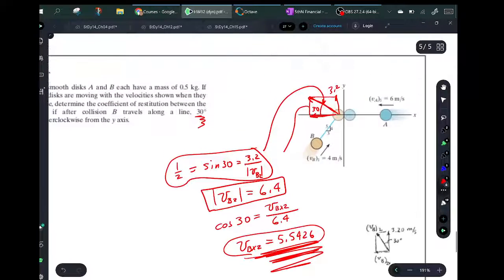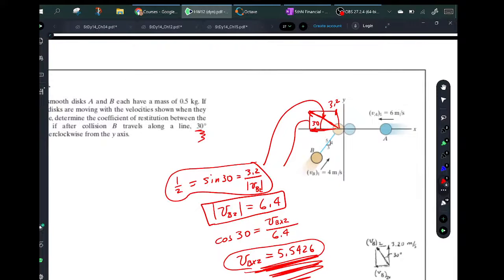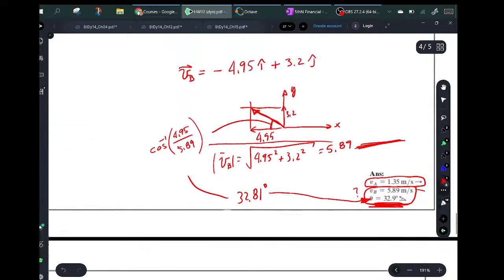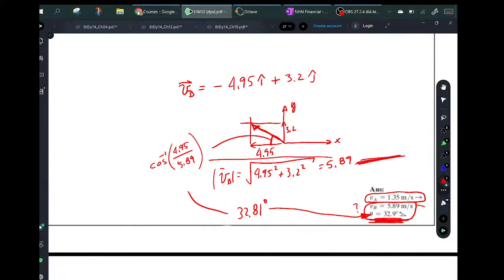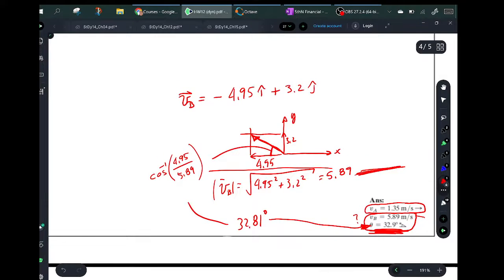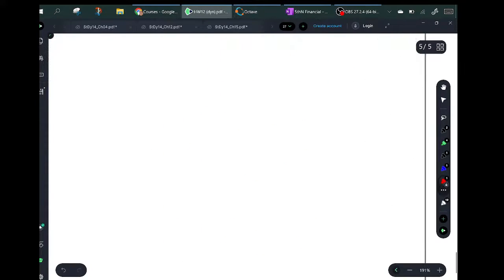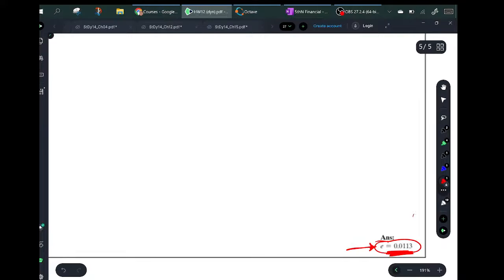Let's look at this. So it's 0.75 at 32 degrees. And what we're saying, no way. That's not correct. I don't think that's correct.